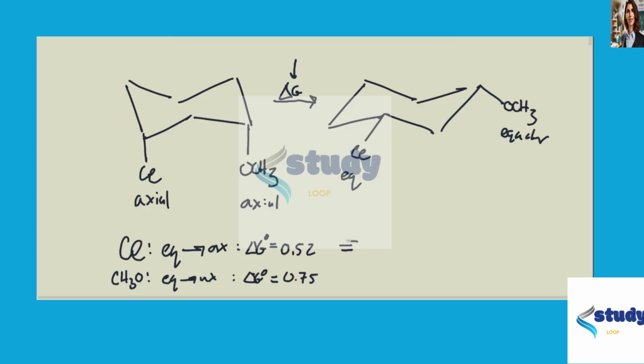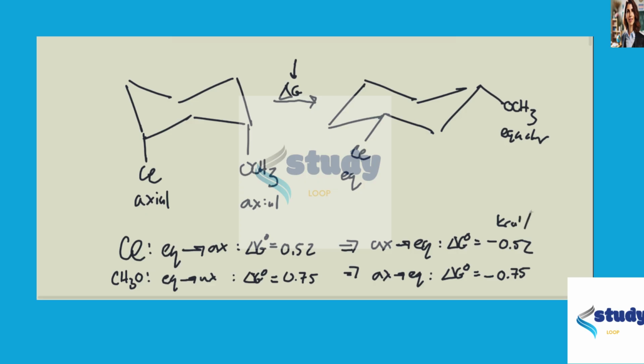And what this is telling us is that going axial to equatorial, remember that's what we're doing, gives us a delta G naught of negative 0.52. And axial to equatorial for methoxy is going to give us negative 0.75. And this is all in kcal per mole.